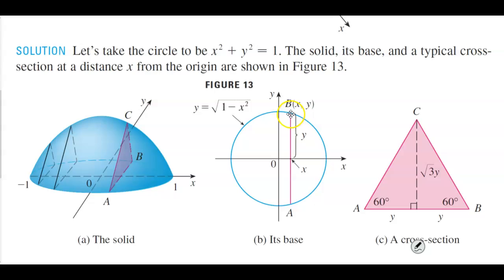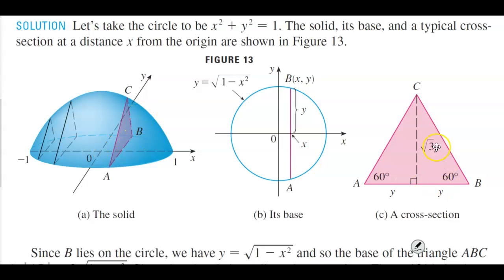And so the distance from here to here represents y at a point x. So this is the base. And then the cross section is an equilateral triangle. So we know that we have 60 degrees here, same thing here. So if we know that this is y, then this becomes the square root of 3 times y.